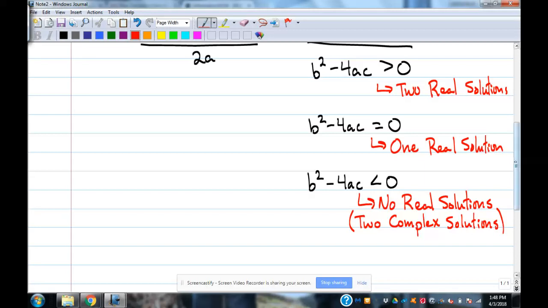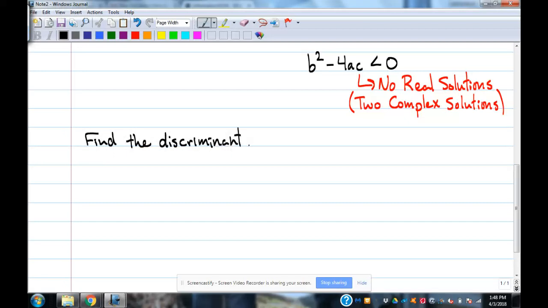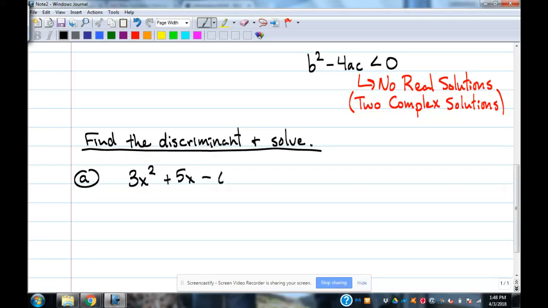Okay. So let's look at some examples of this. What we're going to do is find the discriminant and solve. That's going to be our instructions. 3x squared plus 5x minus 8 is equal to 0.